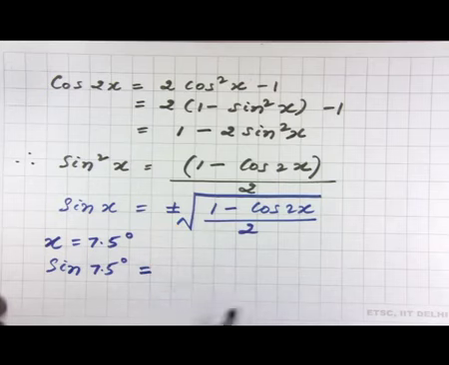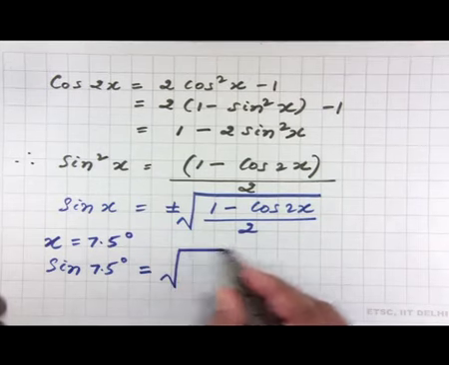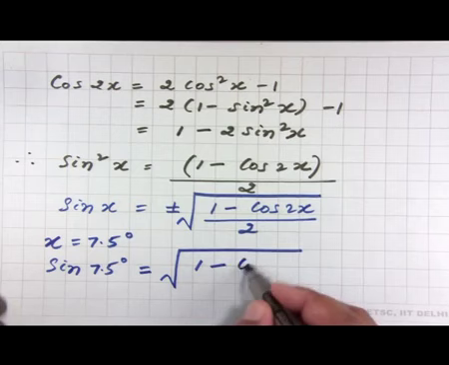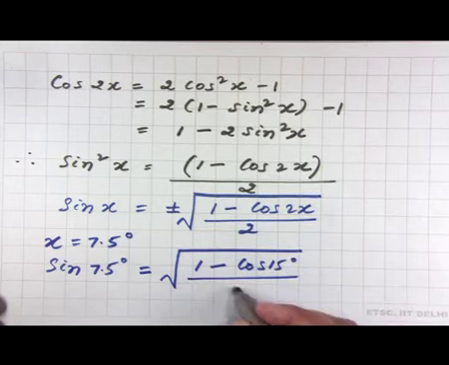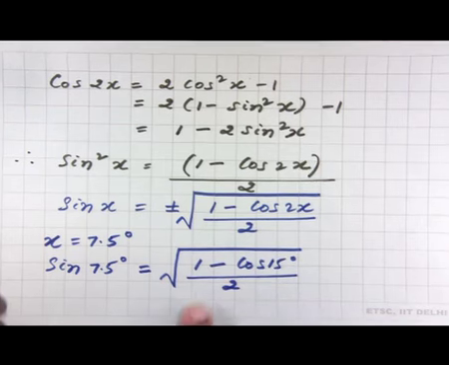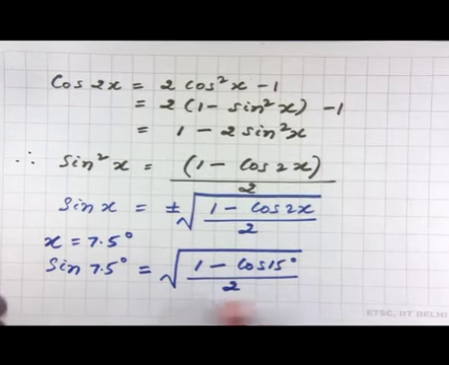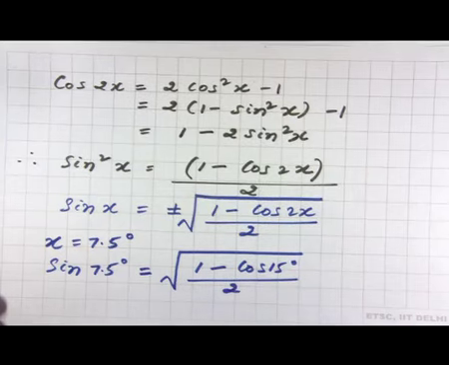So, it is equal to the square root of (1 minus cos of 15 degrees) over 2, and this we can compute since we already know the value of cosine of 15 degrees.